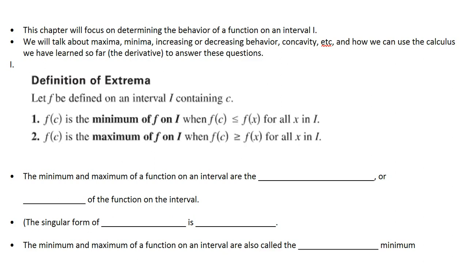So we say that the minimum and maximum are the extreme values, or you might see this called the extrema of the function on the interval. And the singular form of the word extrema is extremum.